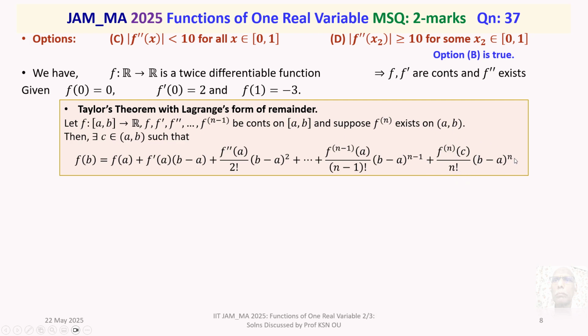This is the Lagrange's form of remainder. We normally write Rn.